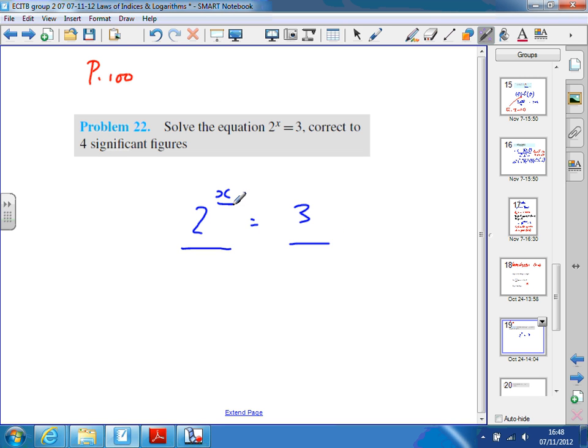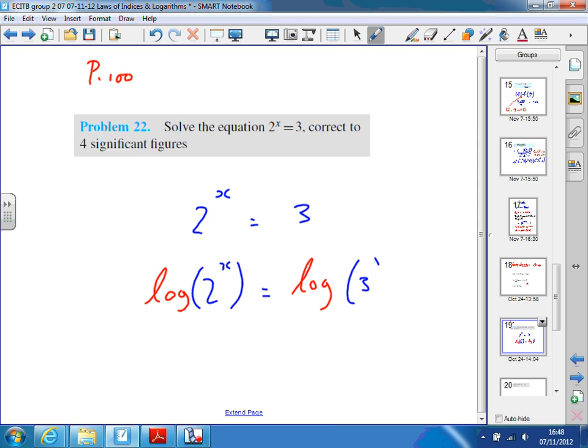To get this power down and turn it into a multiply, I use the third law of logarithms that we just looked at and say that the logarithm of 2 to the power x equals the logarithm of 3. And I'm just using a different colour to emphasize that we're doing the same thing to both sides. I'm finding the logarithm, not stated but implied that it's to the base 10, because logarithm to the base 10 is just written as logarithm.